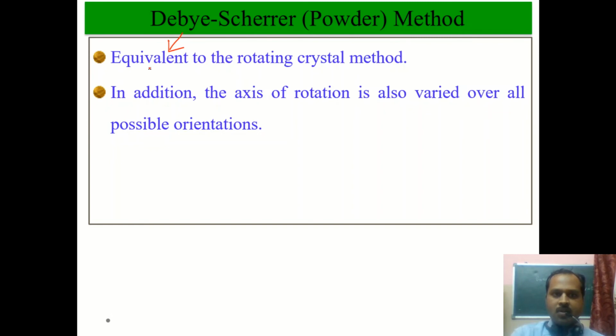In this case, it is almost equivalent to the rotating crystal method, where we rotate the crystal about a fixed axis, but in addition the axis of rotation is also varied over all possible orientations. So the axis is not fixed here, so that we can observe the corresponding diffraction peaks for all the possible orientations present in the polycrystalline sample.